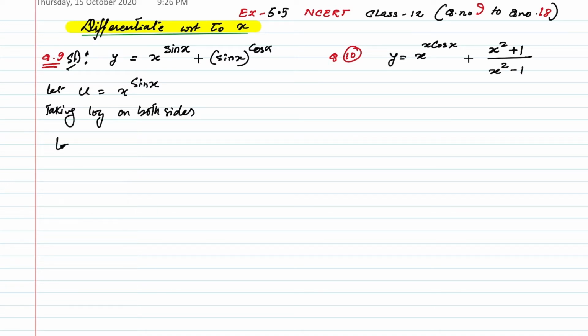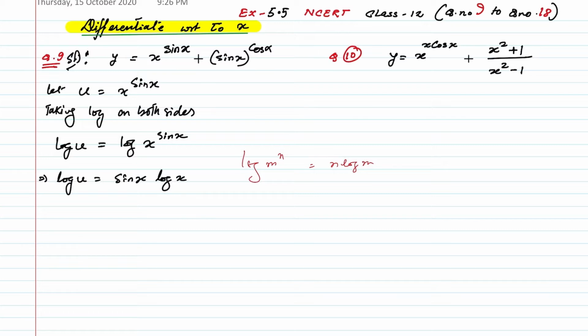we get log of u is equal to log of x to the power sin x, and we know that log m to the power n is equal to n into log of m. So using that rule, here we will get log u is equal to sin x into log of x.